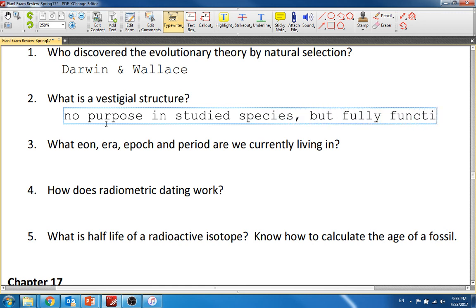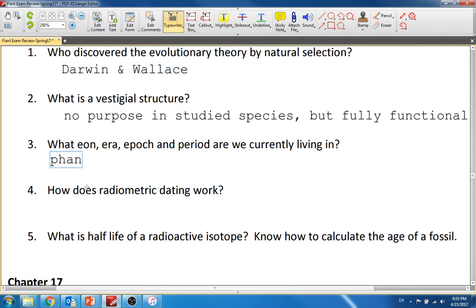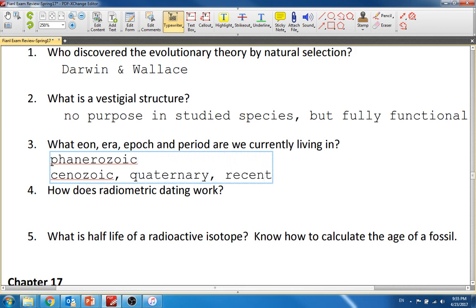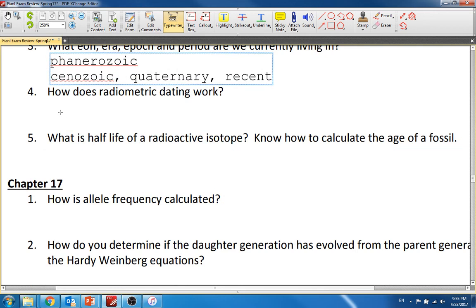Question number 3. What eon, era, epoch, and period are we currently living in? We're in the Phanerozoic eon, the Cenozoic era, the Quaternary period, and the Recent epoch. How does radiometric dating work?